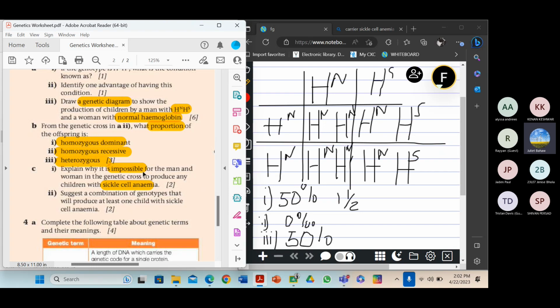In order for a child to have sickle cell, it should have been either the female having the disease or the male carrying the disease and the female is normal. So it's impossible for the man and the woman to produce any children with it because neither parent had sickle cell in a dominant form or both parents carrying the trait.